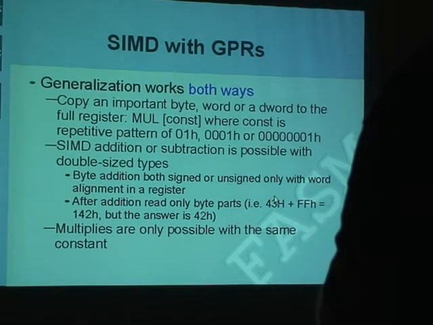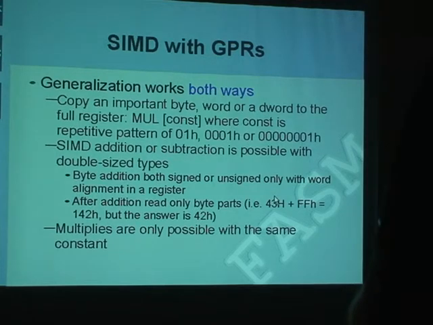Now the other way around, with GPRs, the generalization works both ways. There was a question before about this, when to use what. If you really want, you can use general purpose registers to make packed instructions.